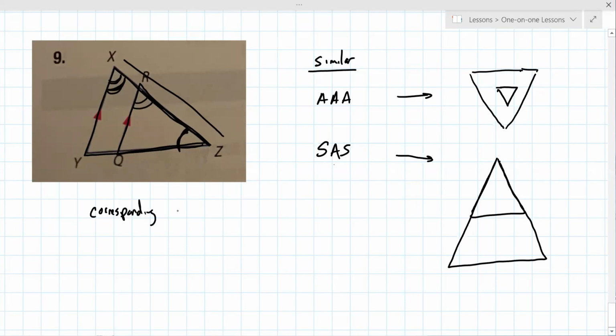And then same thing down here, 1, 2, 3. That's the same as 1, 2, 3. They're corresponding angles. So these angles are congruent, these angles are congruent, and this angle is congruent to itself. It's reflexive. So you get AAA for that. Okay.